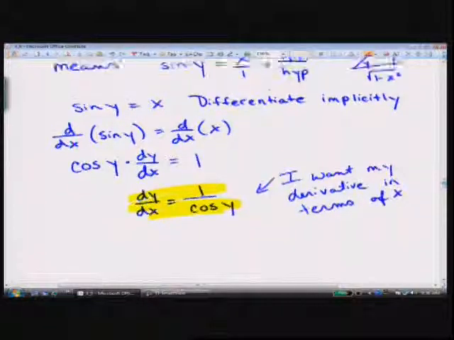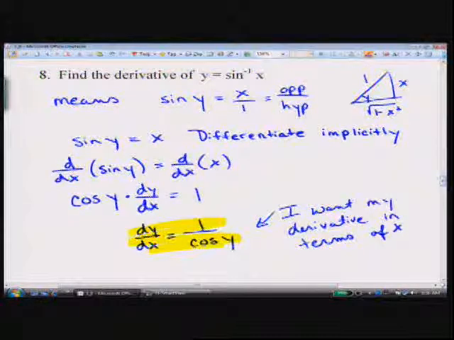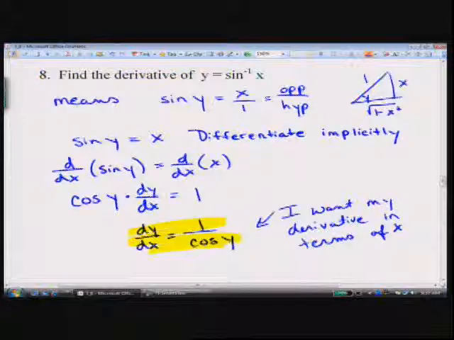Well, up here I have a triangle, and if I wanted to find the cosine of y, could I not tell you what it was in terms of my triangle? The cosine is what? Adjacent over hypotenuse. The adjacent is the square root of 1 minus x squared. The hypotenuse is 1. So the cosine of y in terms of x is the square root of 1 minus x squared over 1.